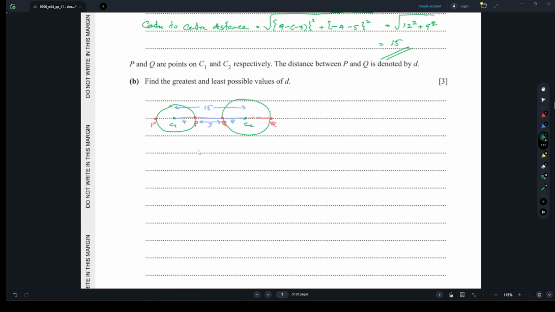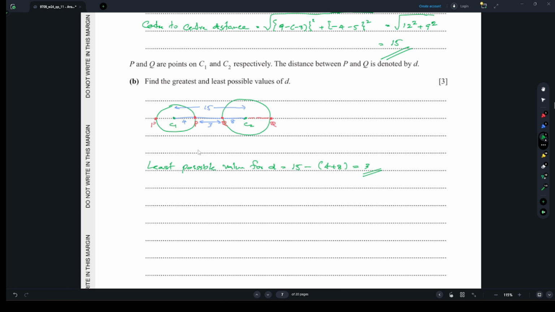So I can write the least possible value for D equals 15 minus the summation of radius, which is 4 plus 8, so it's 3.